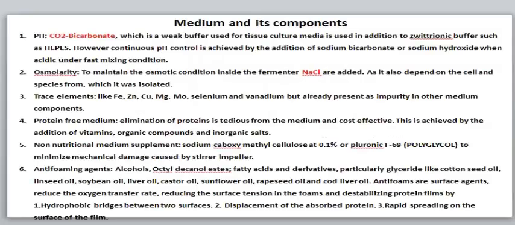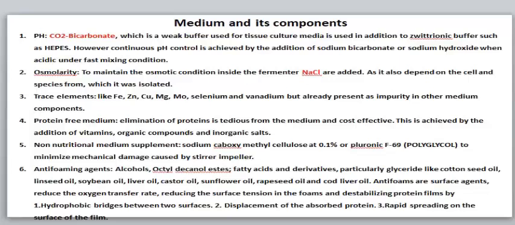There are certain parameters for medium. First is the pH. pH changes during the process of fermentation due to release of different kinds of metabolites depending on the type of product, which is maintained by CO2 bicarbonate.